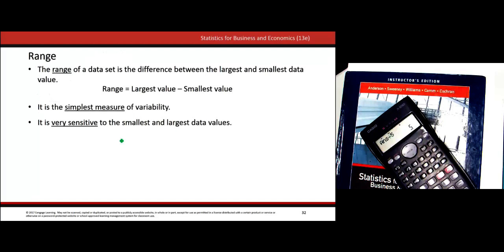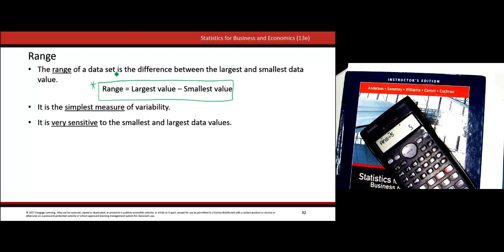What is range? It is the simplest measure of variability. Very easy to calculate, it is the difference between the largest value and the smallest value. Maximum value minus the smallest value. It is very easy to calculate, but it is very sensitive to outliers. Your largest value may be an outlier, your smallest value may be an outlier.